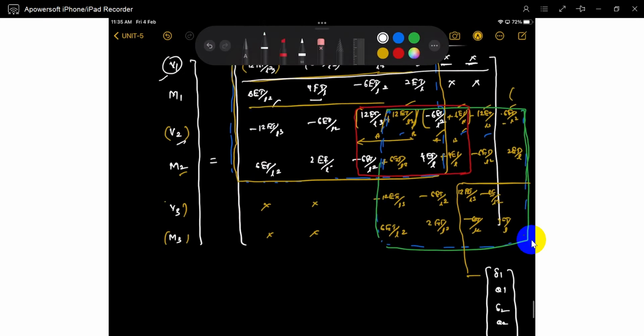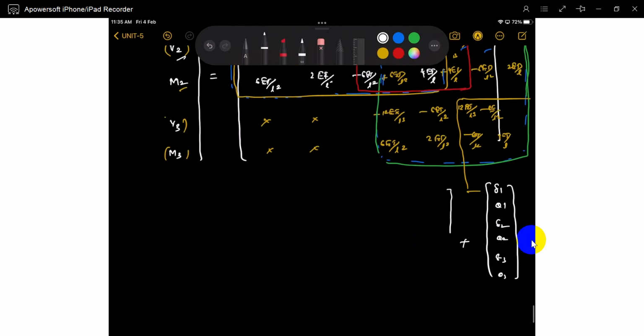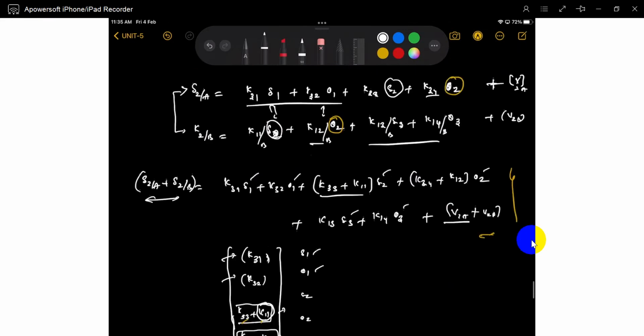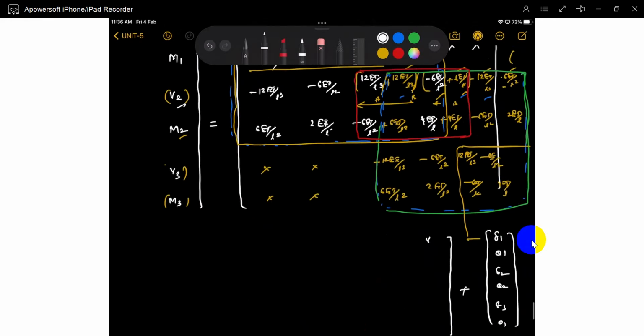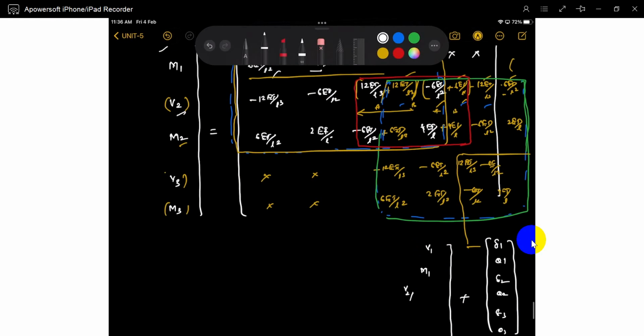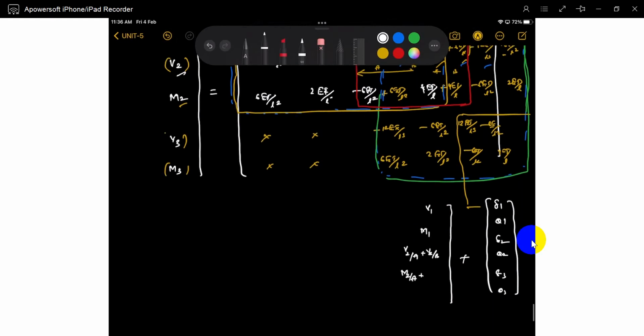Finally, I said final, so you have to add the fixed end moments also. What are those fixed end moments? These values, V1, M1 here, V2 for A, V2 for B, M2 for A, M2 for B, are fixed.